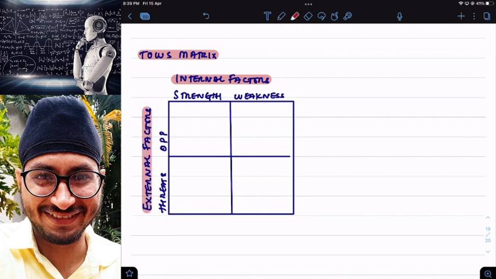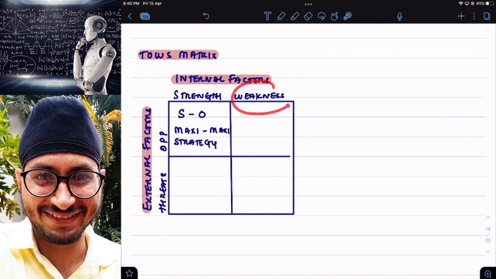Now in the first box, what will we write? Strength and opportunity, SO. Remember, strength should be maximum, and opportunity should also be maximum. That is why it is also called the maxi-maxi strategy.